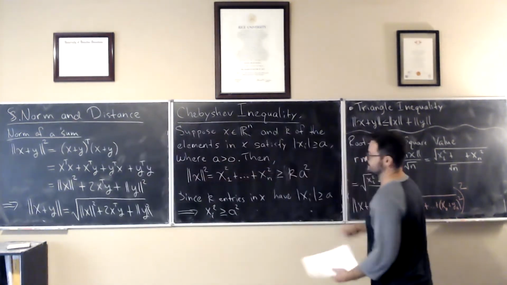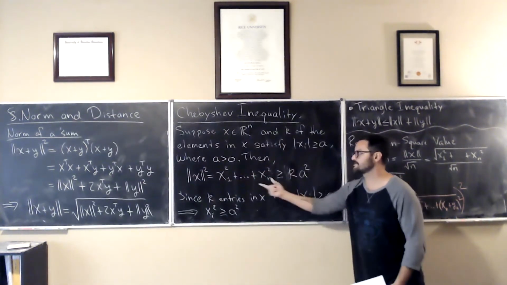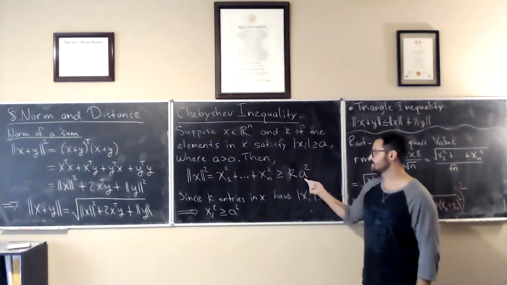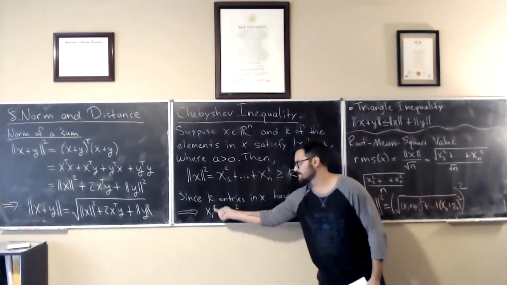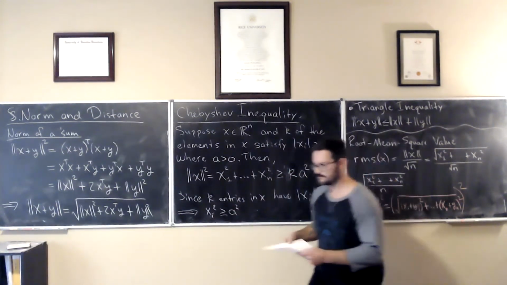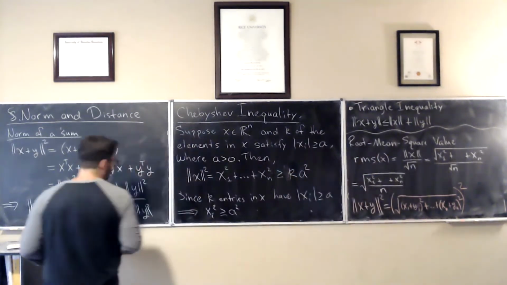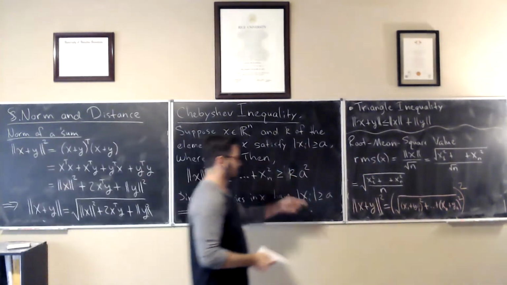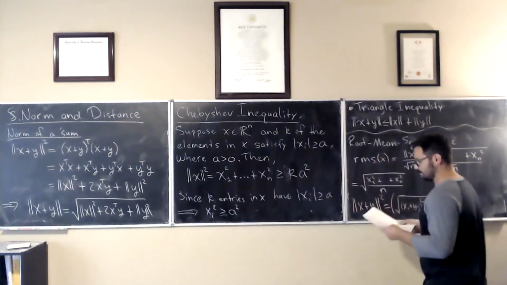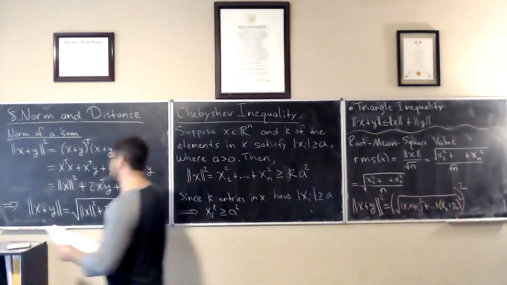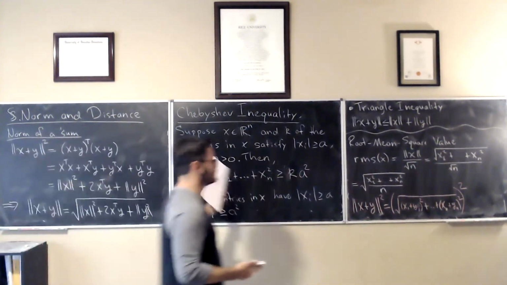So since there's k of them, the very smallest that this sum could ever possibly be is k times a squared. Since k of them in there satisfy that, the very smallest it could be is this. Okay, so dividing by k now, we're going to get information about the entries.